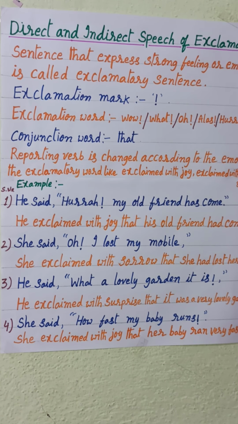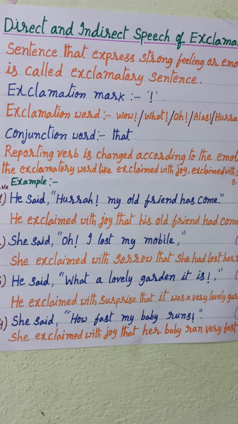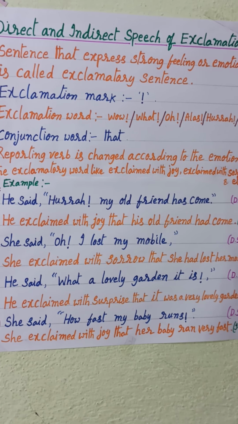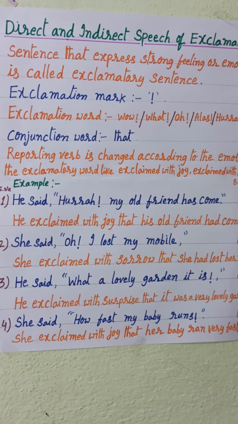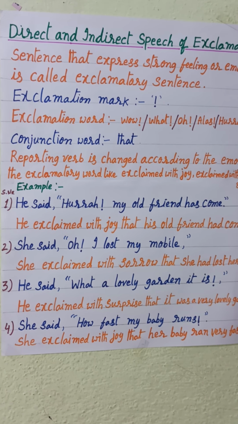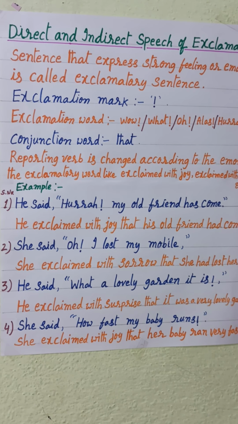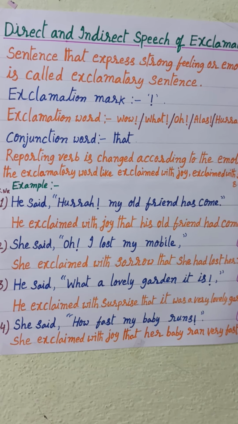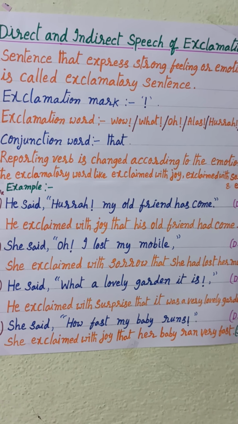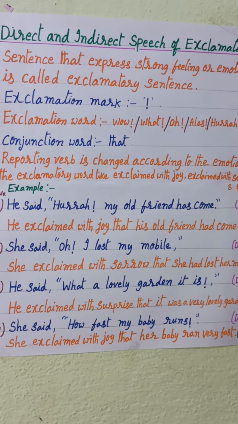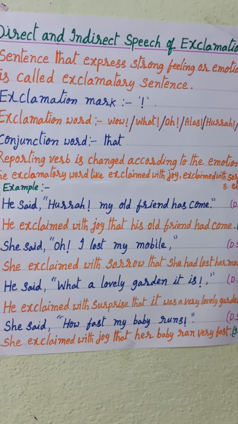She said, "How fast my baby runs." Direct speech changes to: she exclaimed with joy that her baby ran very fast. It is indirect speech.